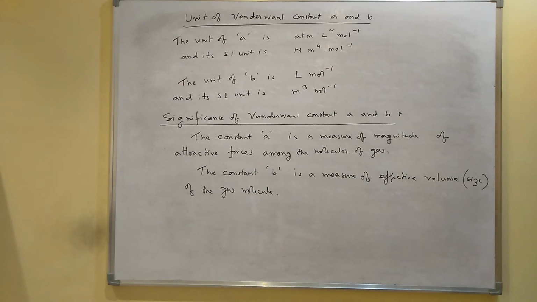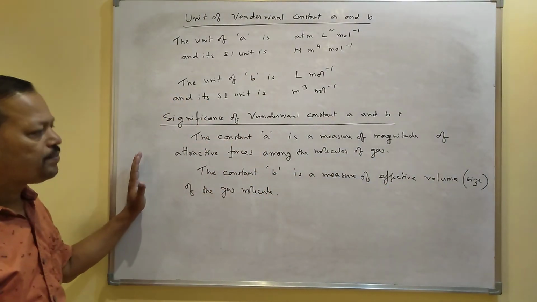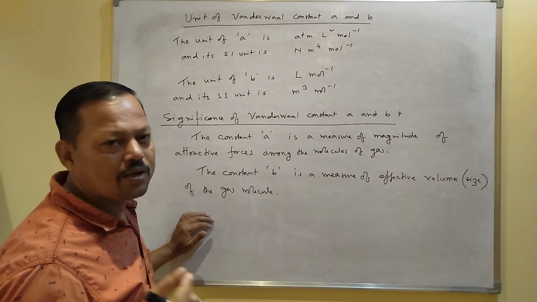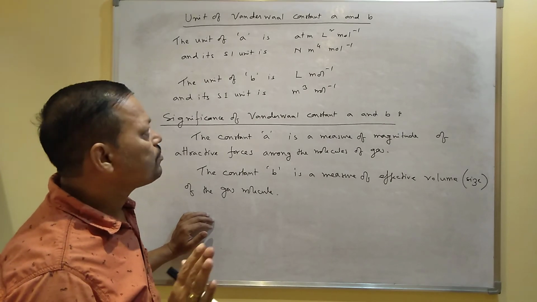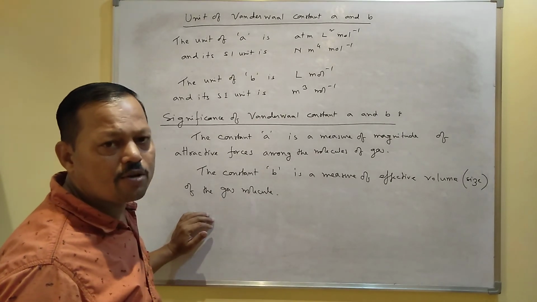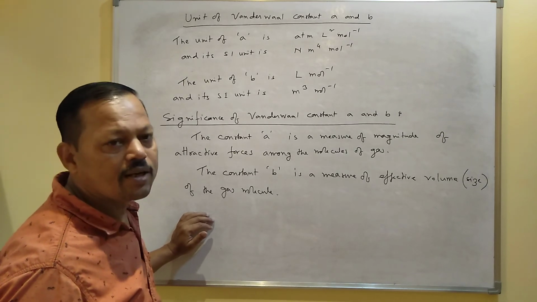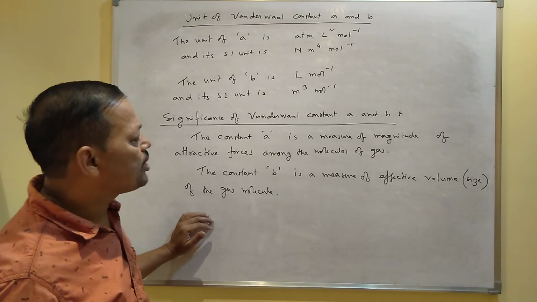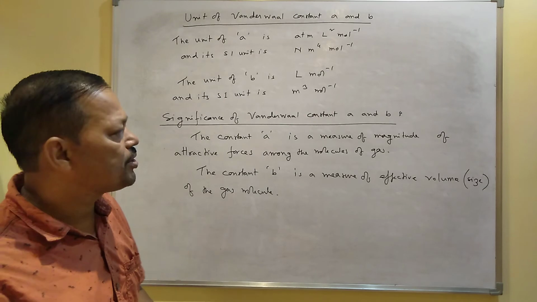So this is about your gaseous state. Your gaseous state is complete. The liquefaction of gases part is already deleted from your syllabus, and the liquid state is also given in your book, but according to your new syllabus, the liquid state is removed. That's why there is no need to study beyond this point. Up to the van der Waals equation you have to study for this chapter.